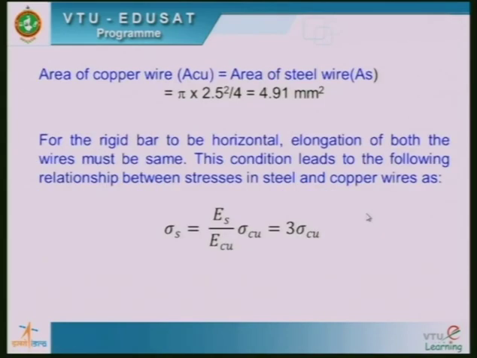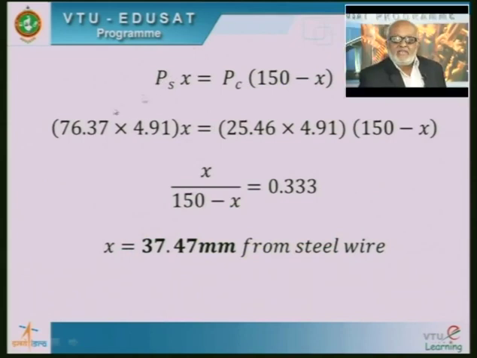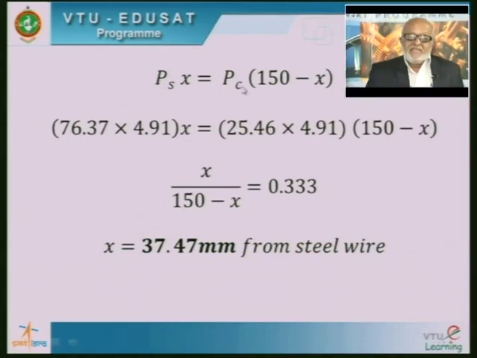That is the moment I am considering. If we substitute all these values, stress in steel multiplied by area of steel into x, stress in copper multiplied by area of copper into this distance, and simplify it, we will get x as 37.47 mm from steel wire.